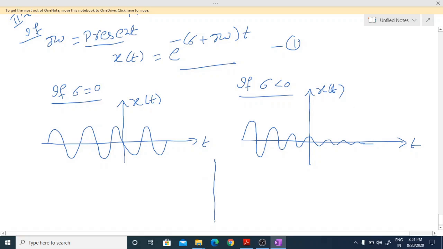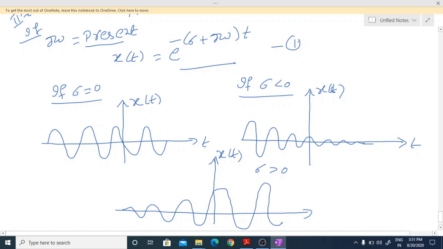If sigma is greater than 0, then we get the exponentially growing sinusoidal signal. So these are the three different signals generated if j omega is present, depending upon the corresponding sigma values 0, less than 0 and greater than 0 conditions.